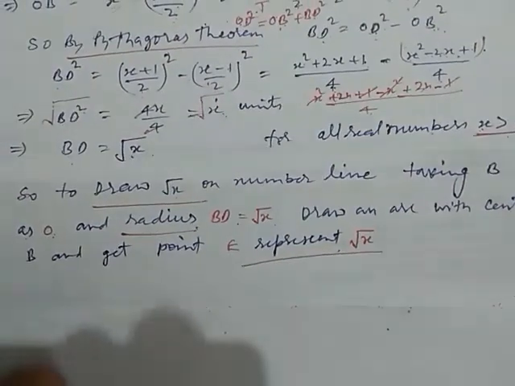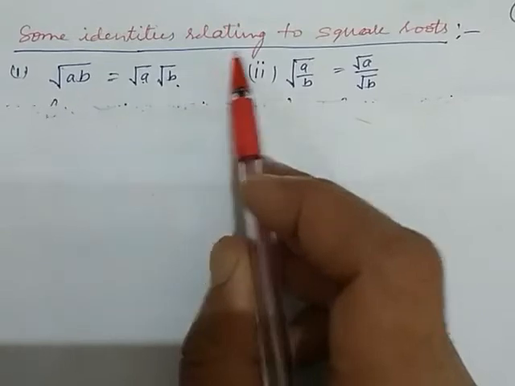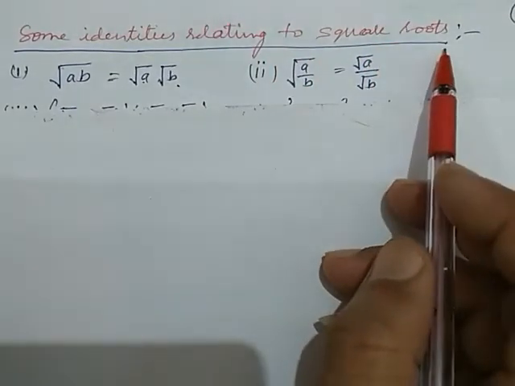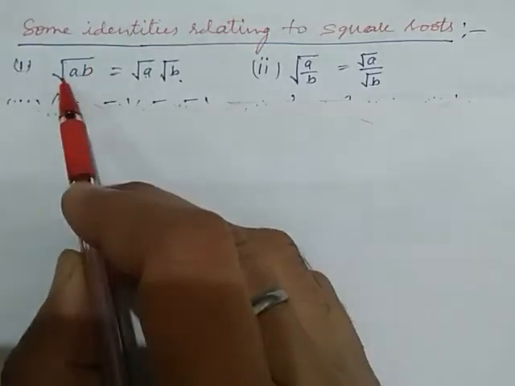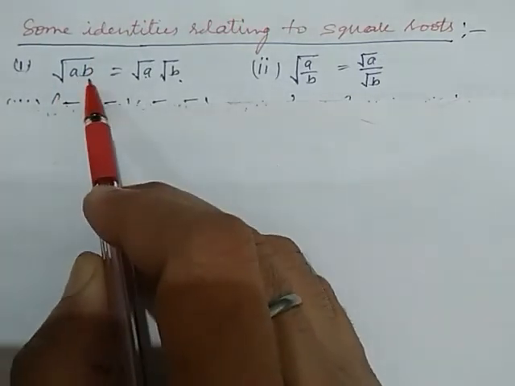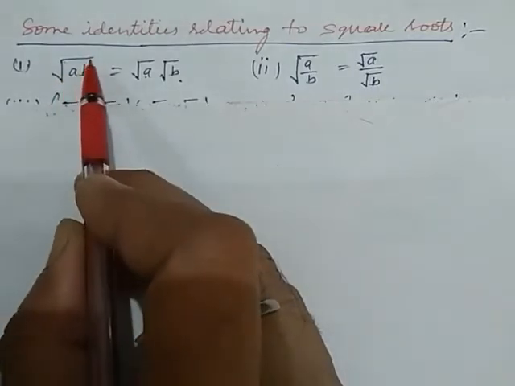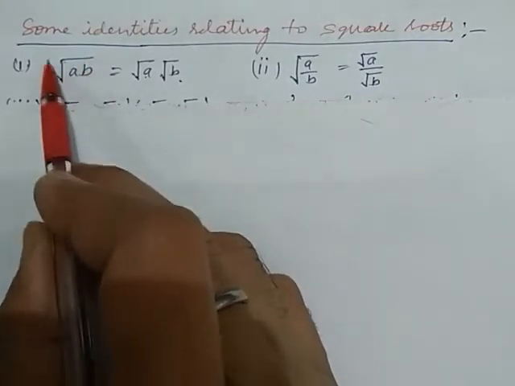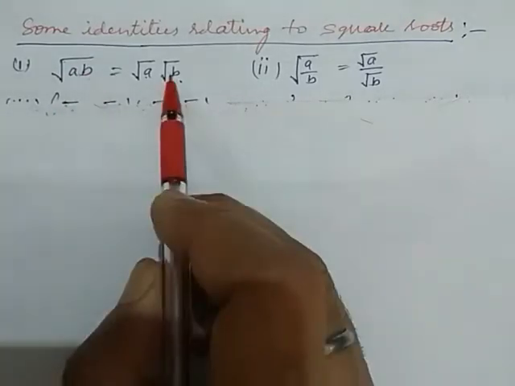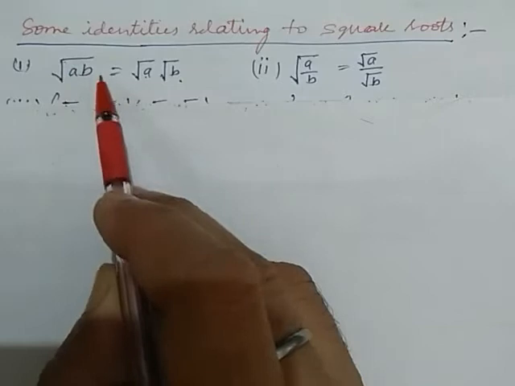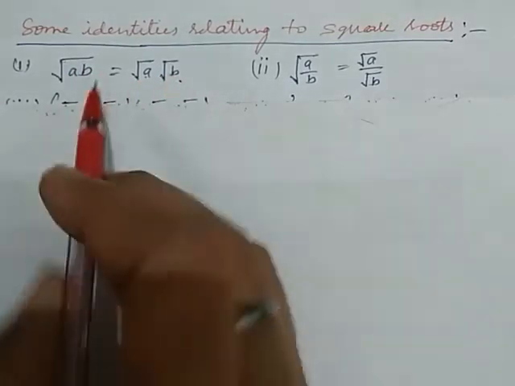Now we take some identities relating to square roots. Root AB, that is the square root of AB, is what? AB power half. The square root means a half power of this AB. So we can write it as root A into root B. Why?